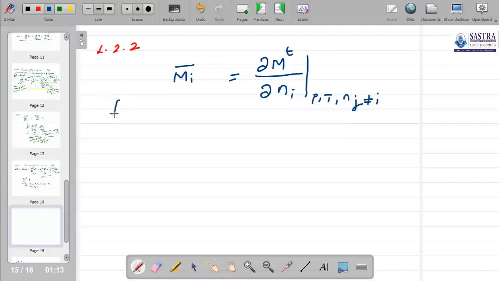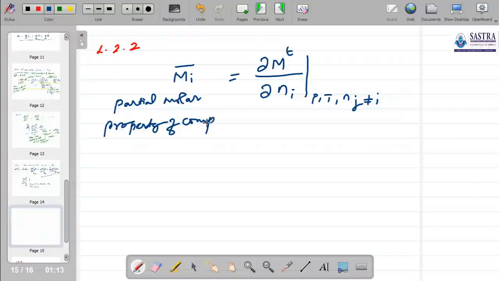So this is the partial molar property of a component i in the system. Suppose let us assume a system has 4 components.